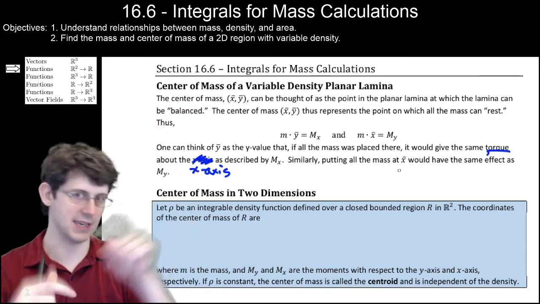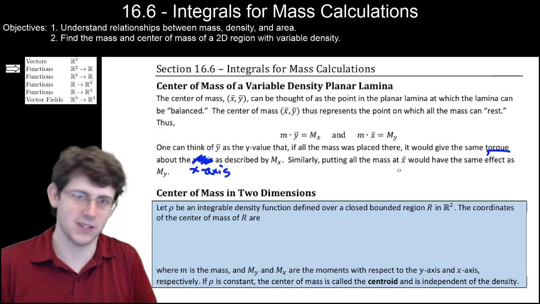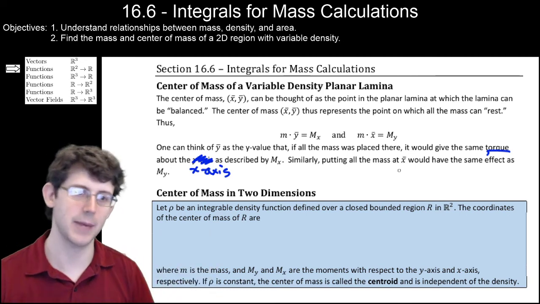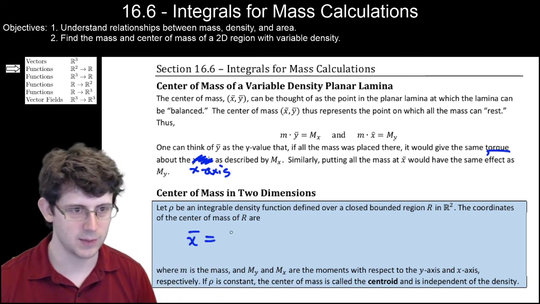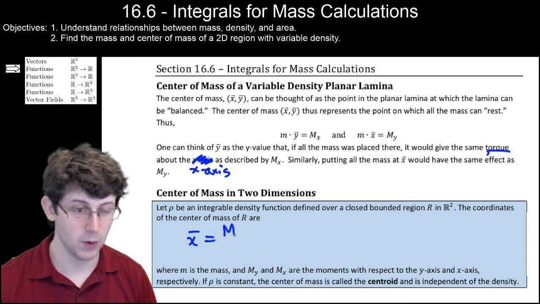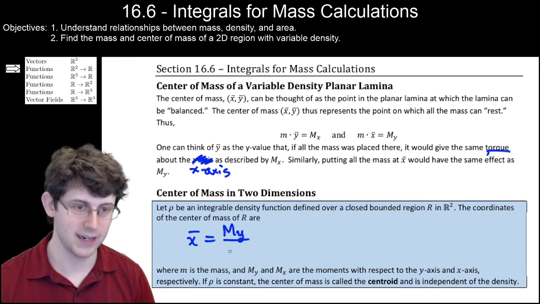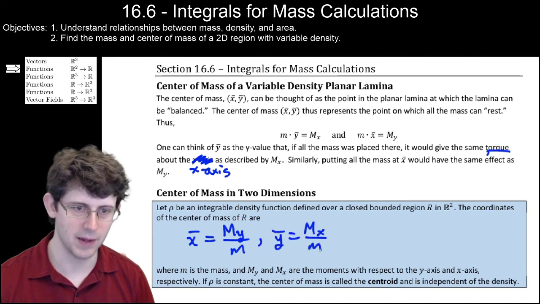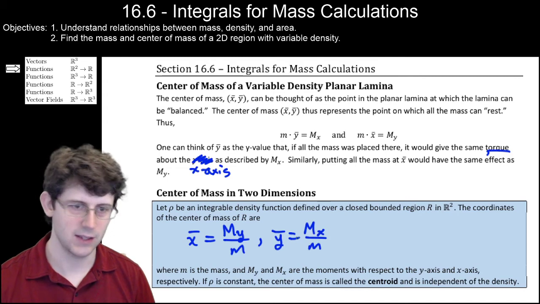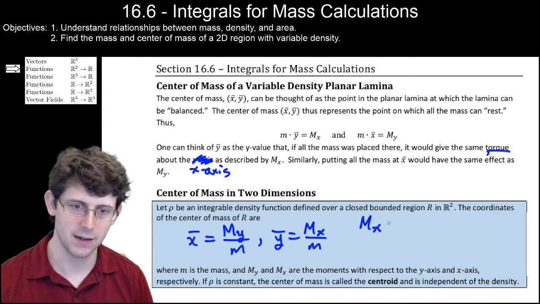But they'll be twisting around their center of mass, and it's kind of strange to be stuck to your center of mass. Anyway, the coordinates of the center of mass are x bar is the moment about the y-axis divided by the mass, and y bar is the moment about the x-axis divided by the mass, where we use integrals to find all these things.